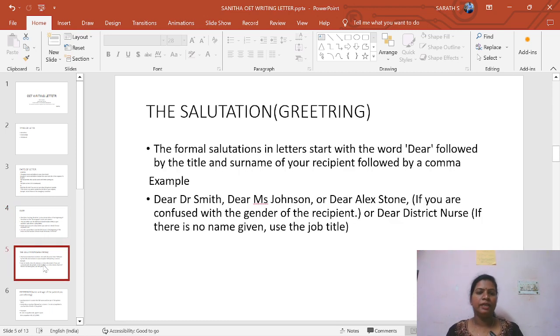Next one is the salutation or greeting. The formal salutation in letters starts with the word Dear, followed by the title and the surname of your recipient, followed by a comma.